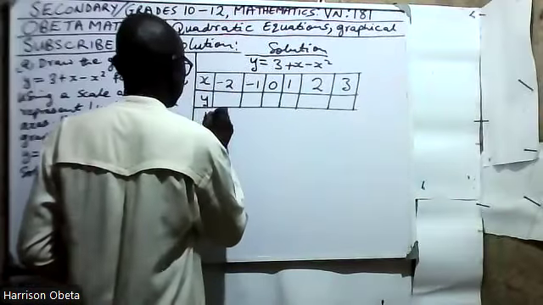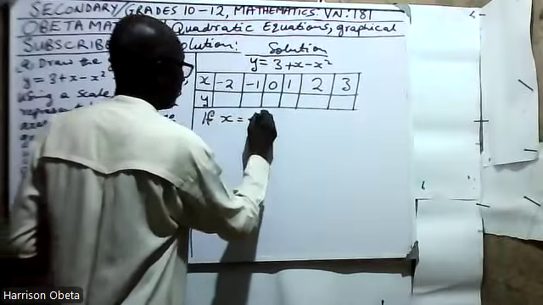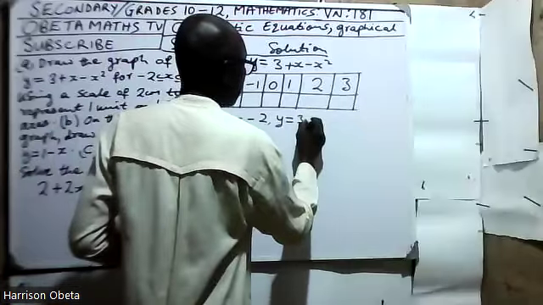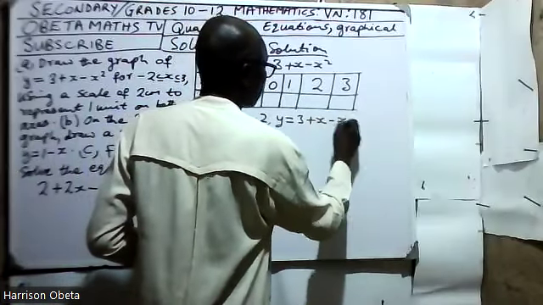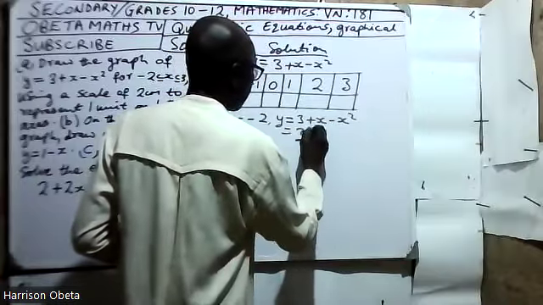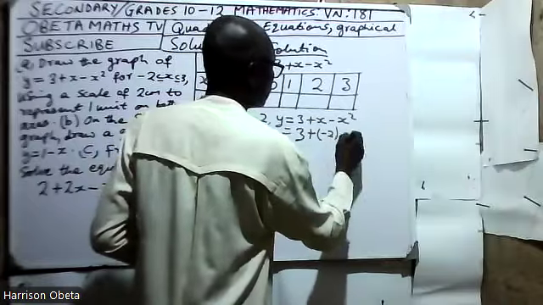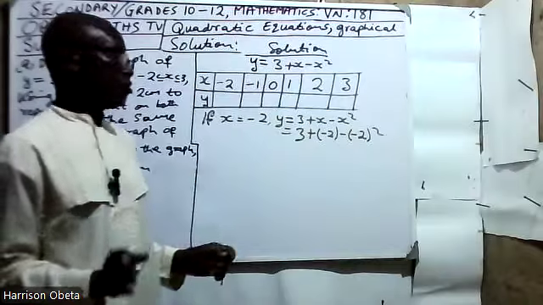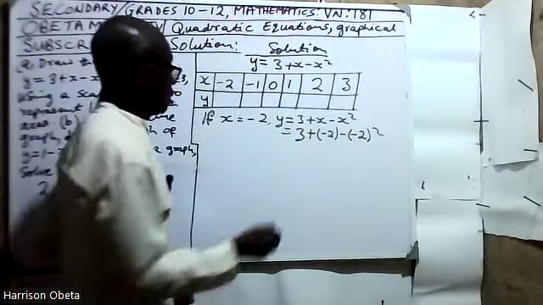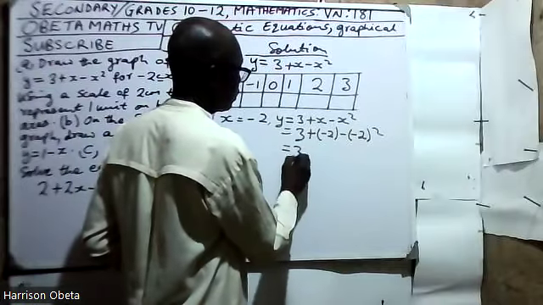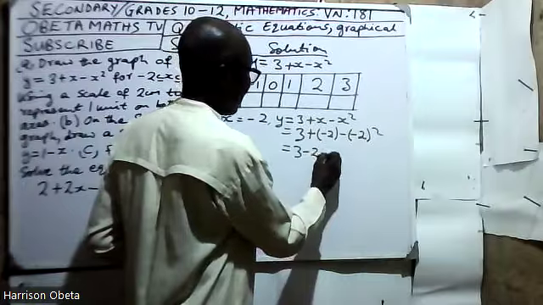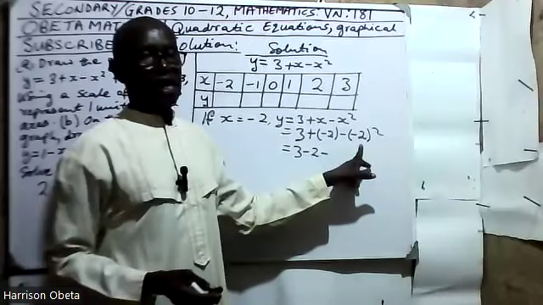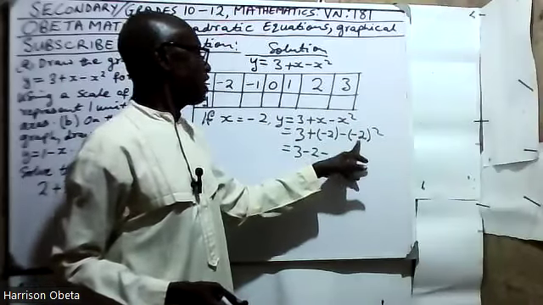If x equals minus 2, y is equal to 3 plus x minus x squared, which is 3 plus minus 2 minus minus 2 squared. Then you work it out and put the value directly. So that will give us 3 minus 2 minus, since minus 2 is inside the bracket and has to be squared, you have to square it first.